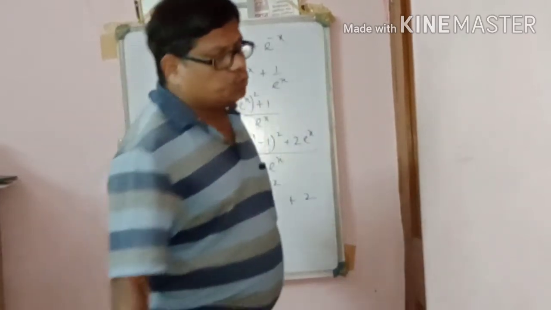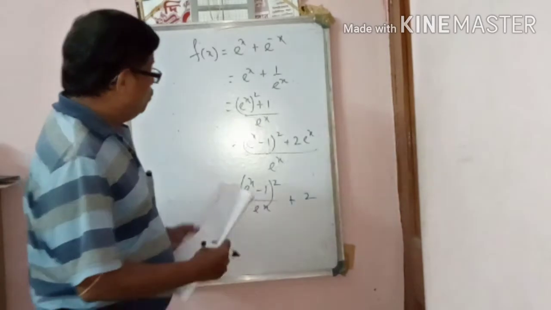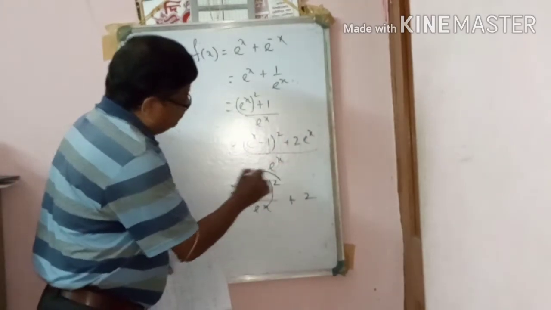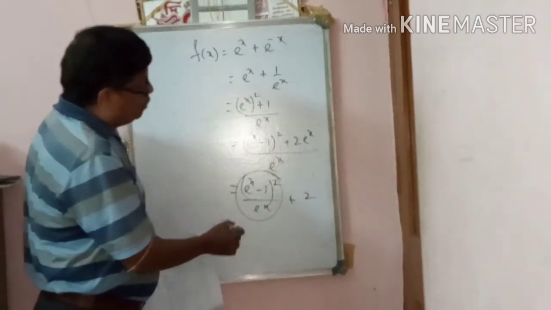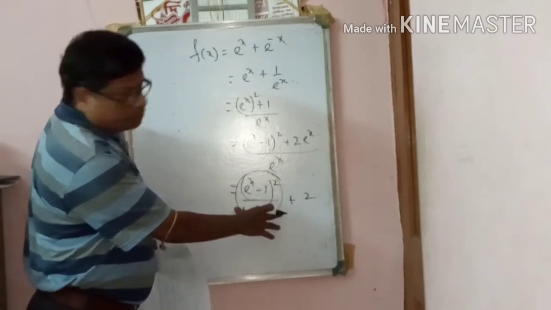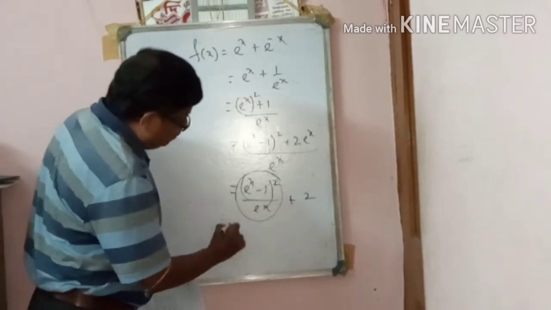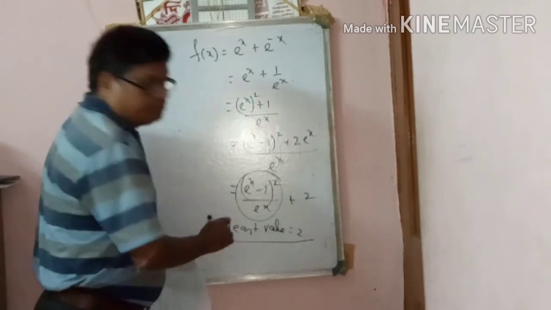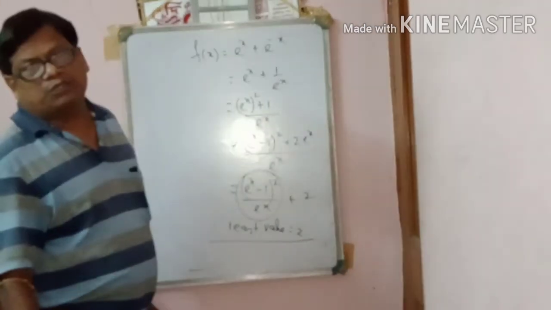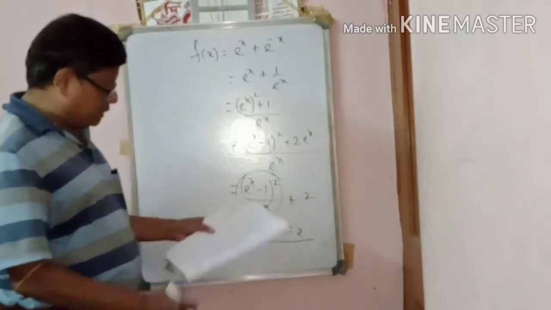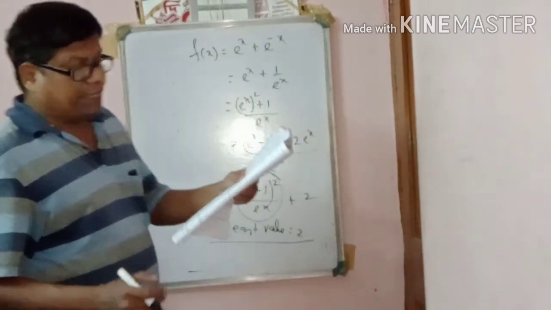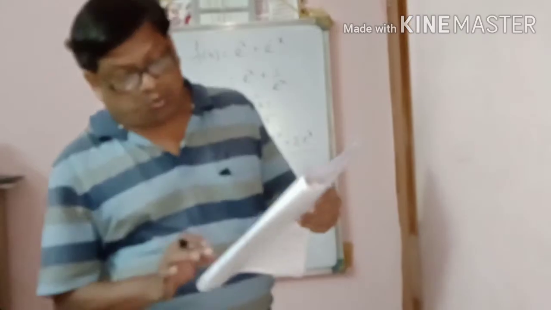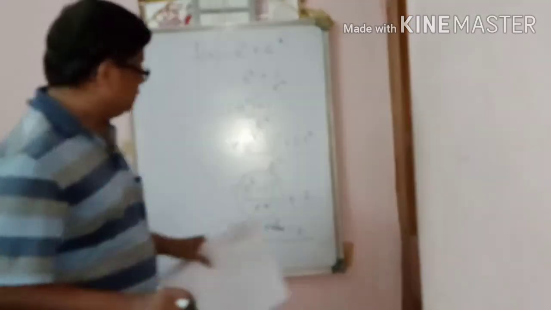So this part is always positive, so the least value is always greater than 0. So we can write the least value is 2. The least value is 2. Options here are minus 2, 0, 2, none of these.